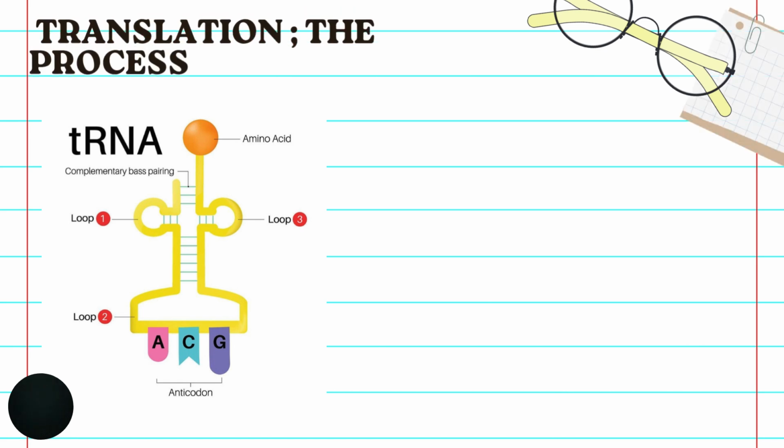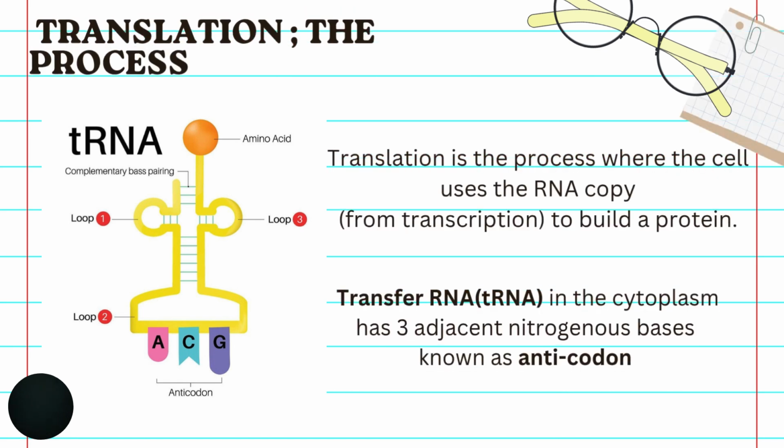Now we are going to look at translation. When we look at translation, tRNA is now involved. So here's tRNA, as you can see there on the diagram. tRNA has three adjacent nitrogenous bases, as you can see. These nitrogenous bases are called anticodons.